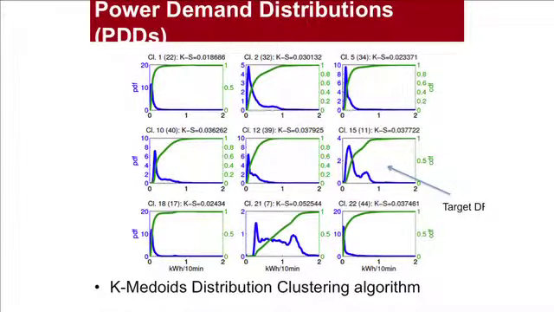Now, what we did is we took a lot of smart meter data, and we tried to see, are there standard types of people? And essentially, here's what we got. We get a lot of different distributions, and you can notice there are certain people here that you would like to target to improve your system.